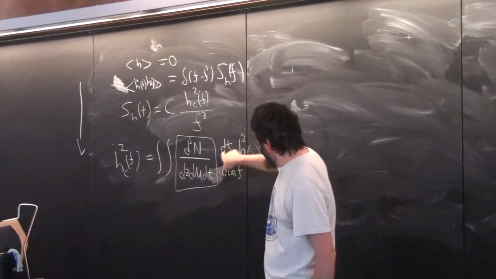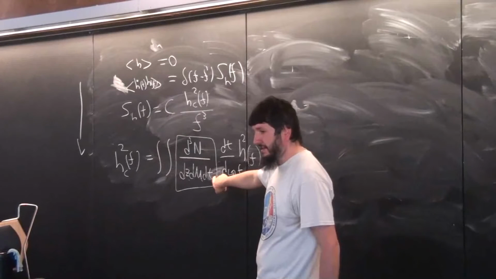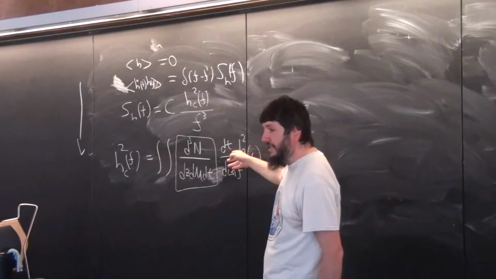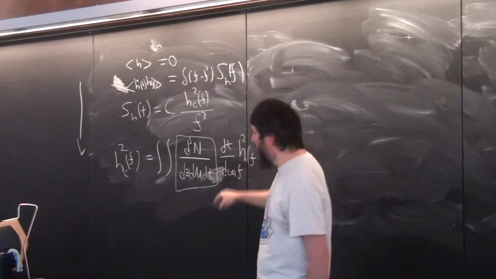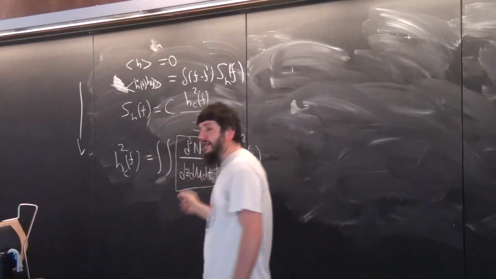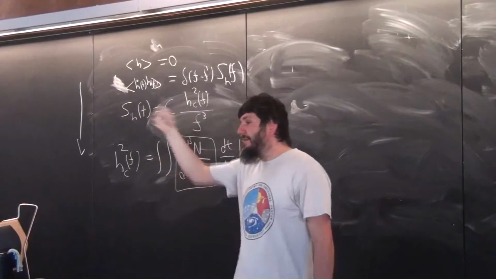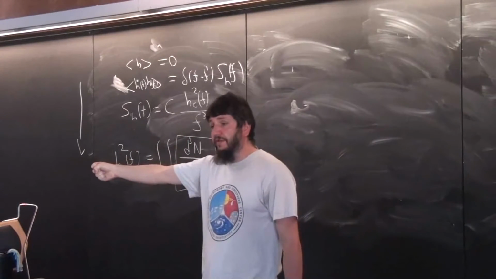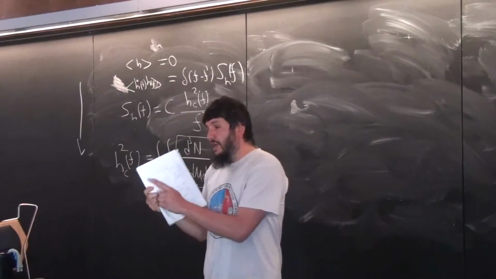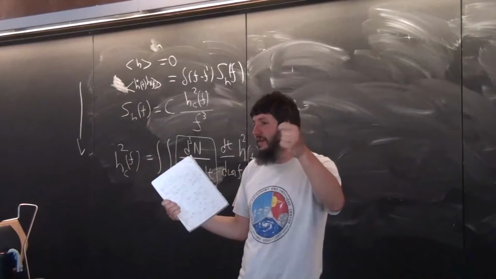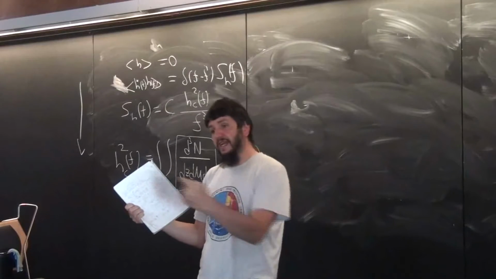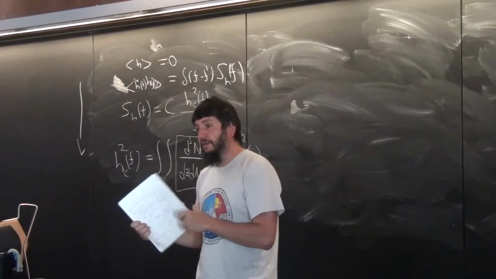This tells you how much time each merging binary spends emitting at a given frequency. So if I know that there is a merging binary per year in my universe, then I know that at any given frequency there have to be that many binaries in order to sustain the merger rate that I measure.